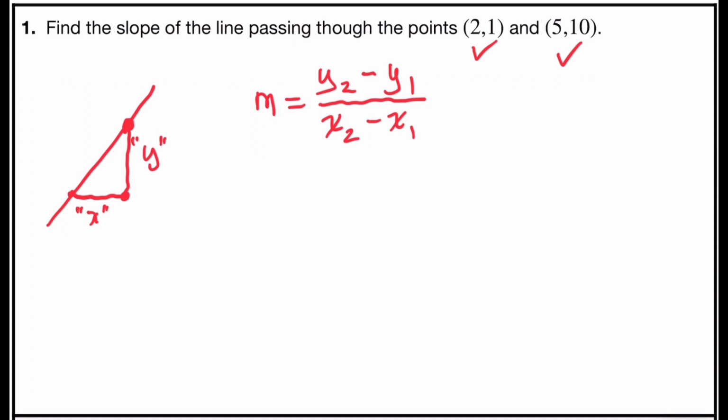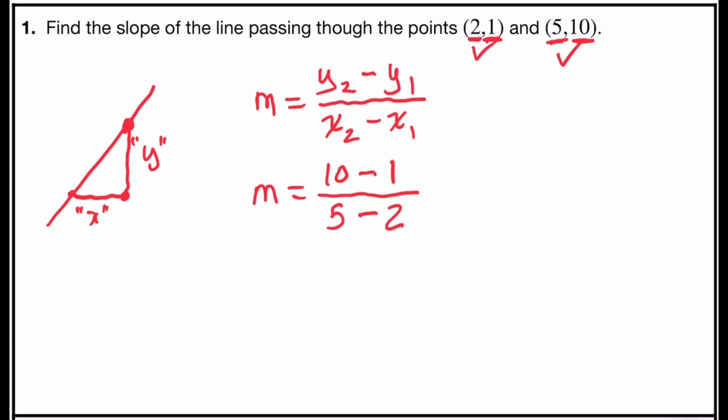So I'm going to substitute and use the order of operations. My second y coordinate is 10, so I would have 10 minus my first y coordinate, 1. That would be over, because it's a ratio, the second x coordinate, 5, minus the first x coordinate, 2.